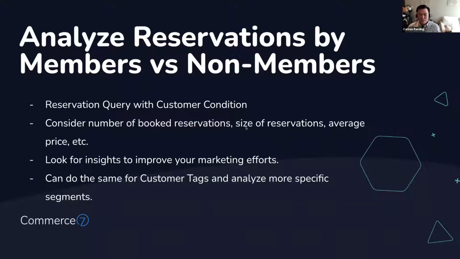Perhaps you're noticing a certain behavior where your non-members are bringing larger groups, for birthday parties or bachelorette parties. These types of insights can then guide you to segment and market to those customer segments differently than other segments who are using your experiences for a different purpose.